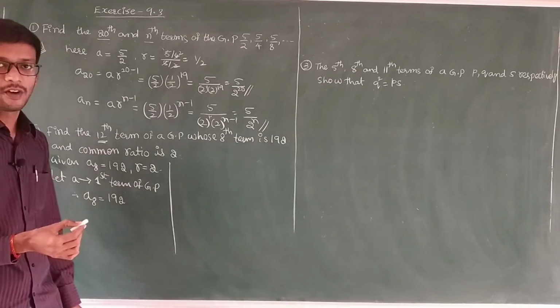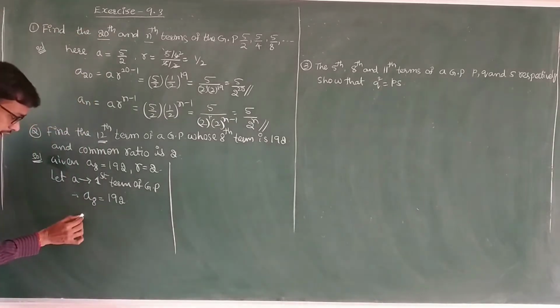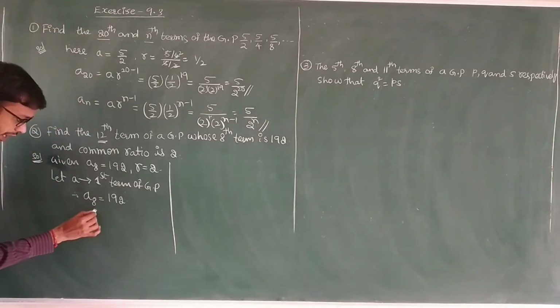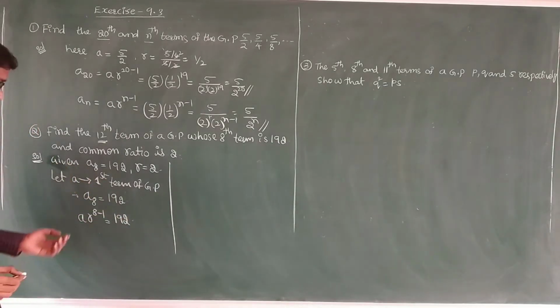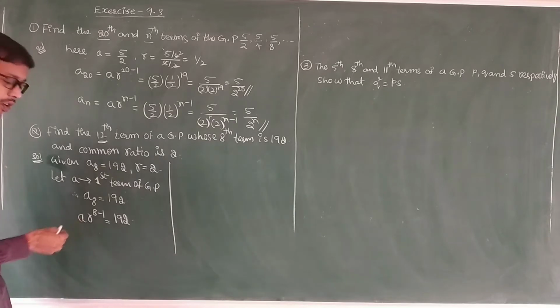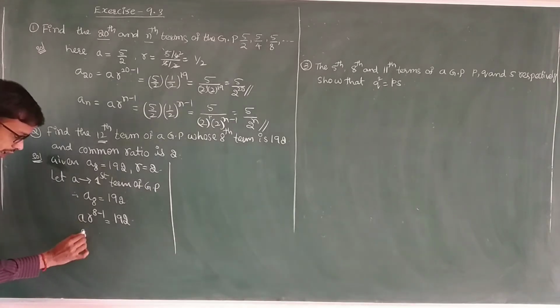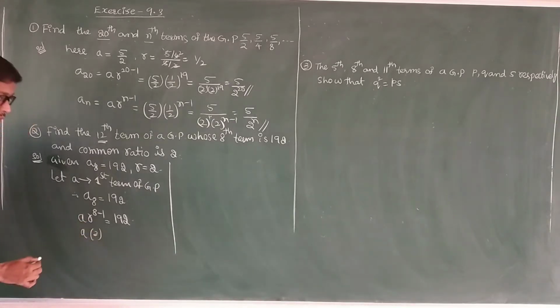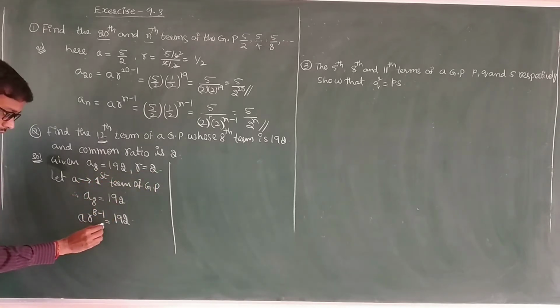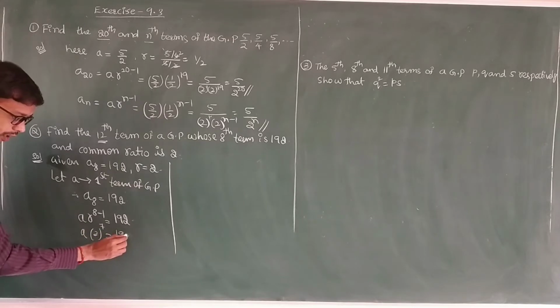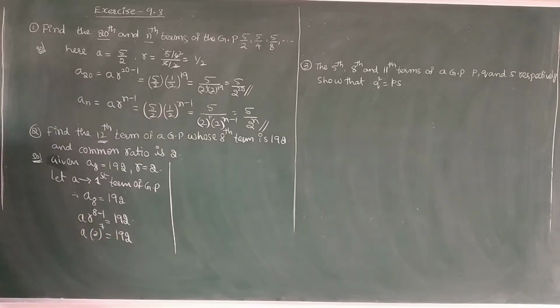What is the A8 formula? A8 formula is A into R power 8 minus 1 is equal to 192. Substitute the values here. We don't know A, keep it like that only. R value 2 power 8 minus 1 is 7, is equal to 192.